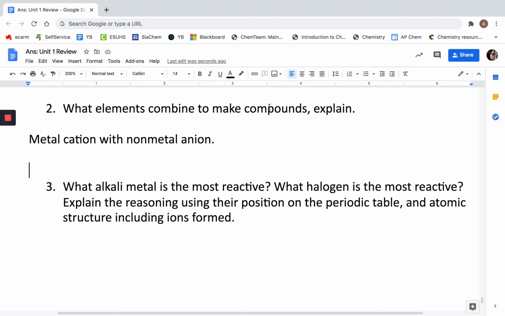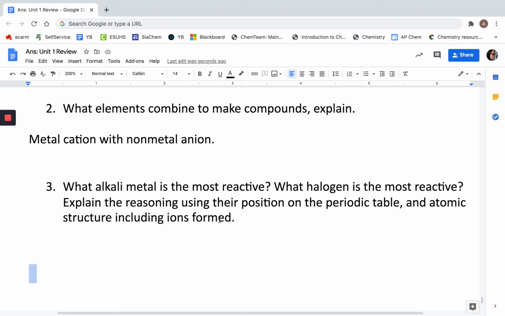Ions have different charges, plus and minus, and you can explain also metal tend to lose electron, therefore they form cations. Non-metal tend to gain electron, therefore they make anion. Okay, so that's the part about explaining. So what elements tend to make compounds? Metals and non-metals together.